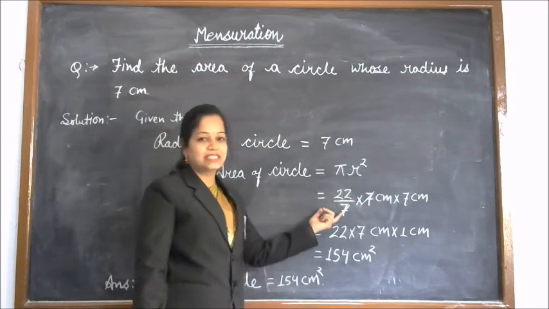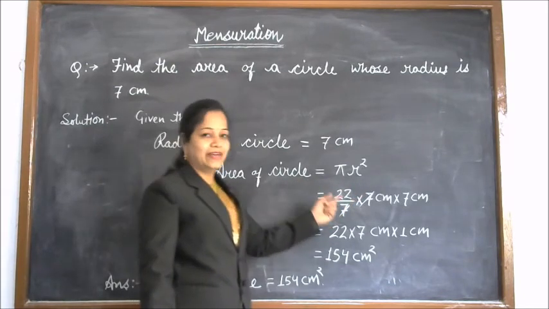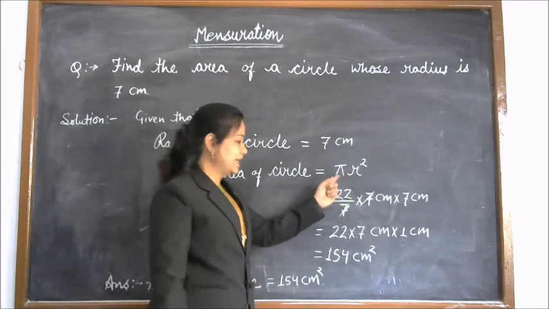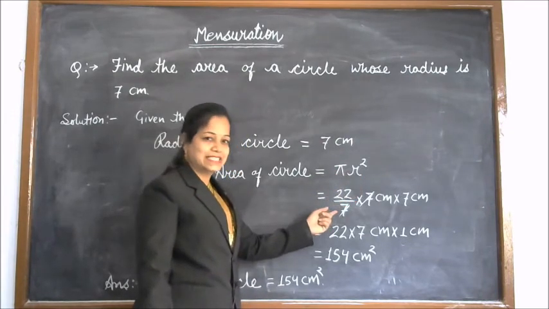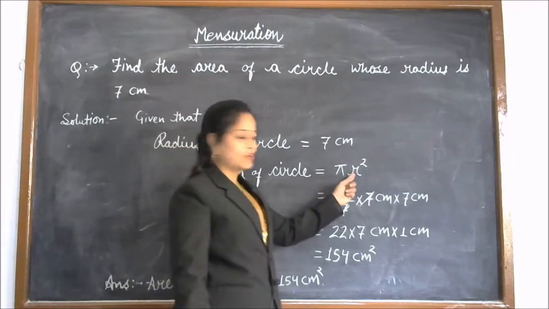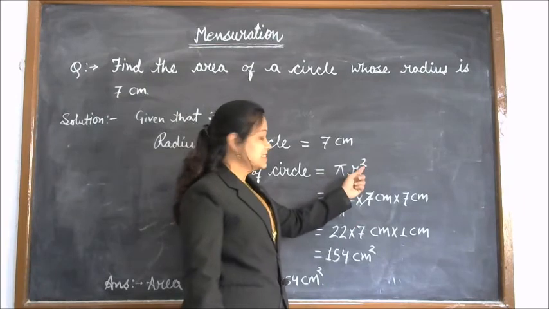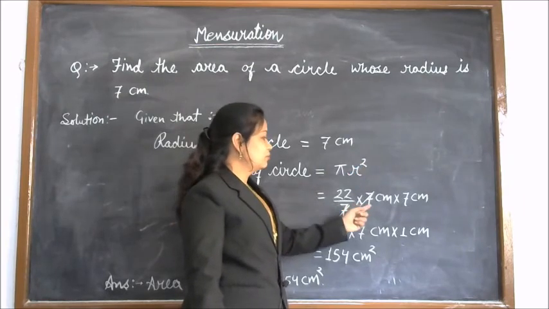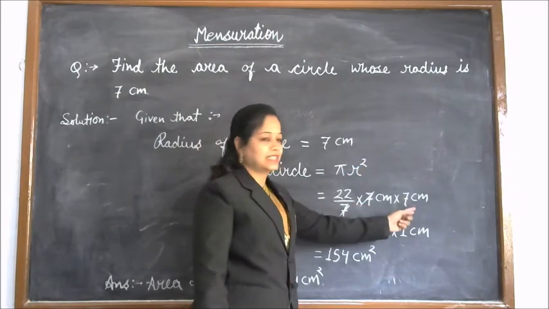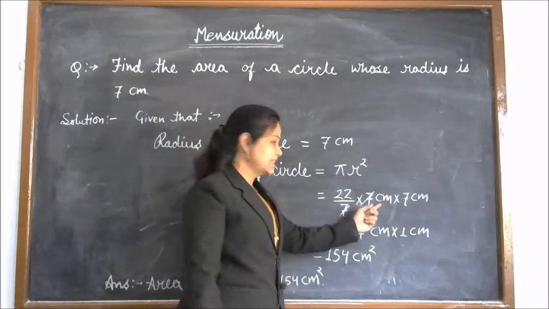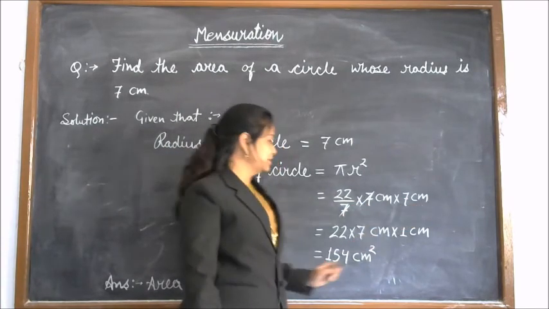So in second step, we have to put the values of pi and r. Value of pi is 22 upon 7 and value of r is 7 centimeter. And here there is square of r. So we have to write this 7 once again. So we will get 22 upon 7 into 7 centimeter into 7 centimeter.